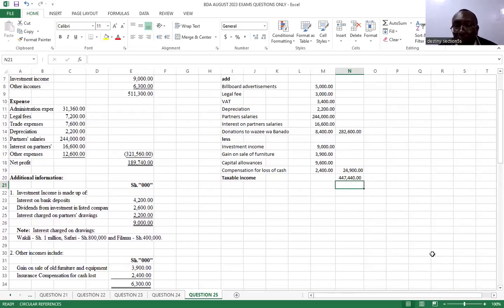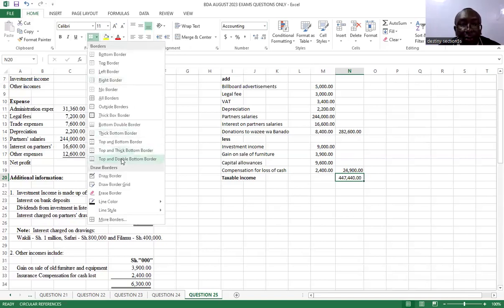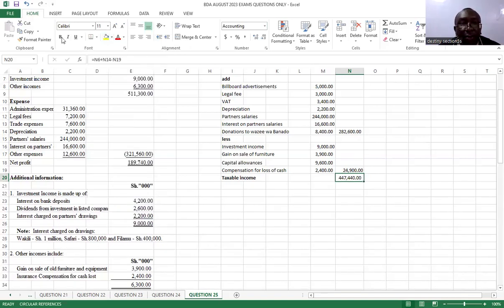So we are supposed now to share. So maybe this one we can double add the rule and make it bold. Good. All right, let's distribute these amounts.